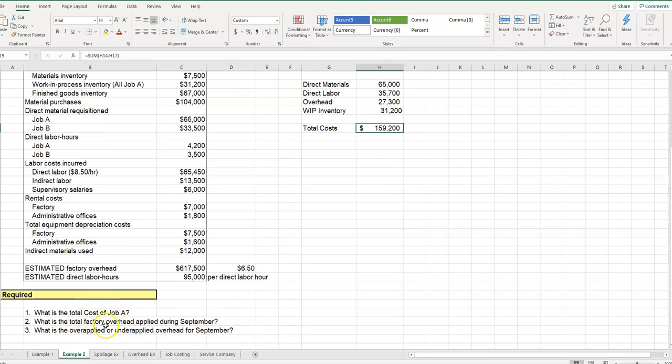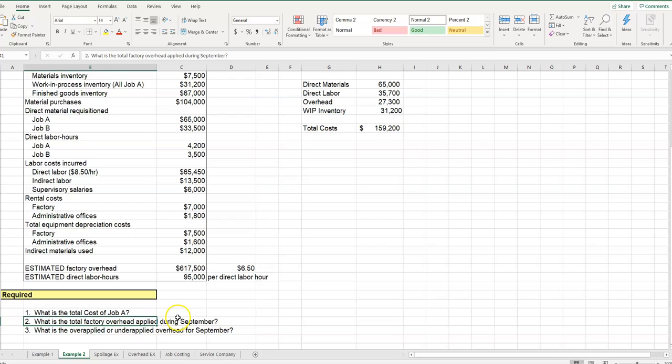Second, we have what is the total factory overhead applied during September. To calculate the overhead applied, we would need the total direct labor hours times the $6.50 per hour. We can see in question 3, we also want to know what the over or under applied overhead is for September.